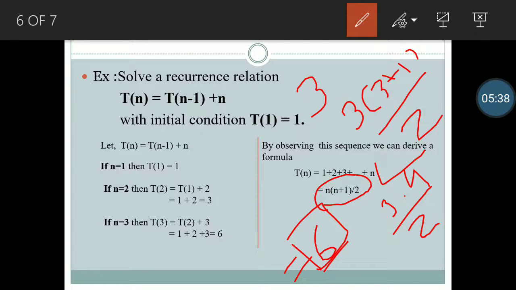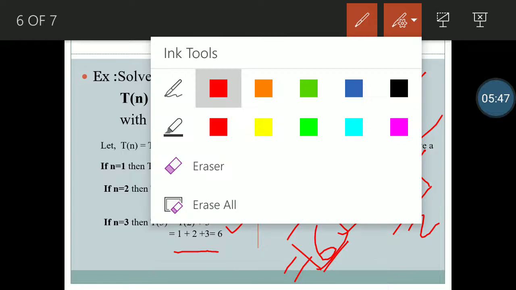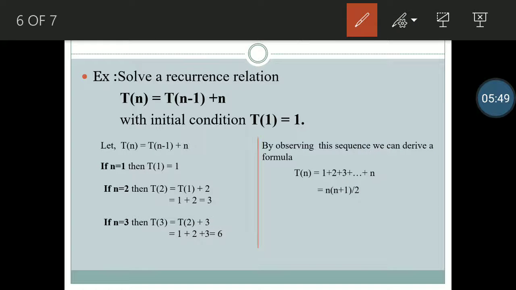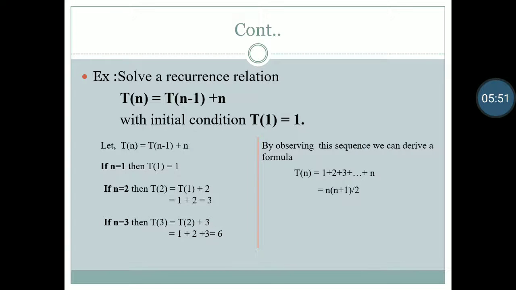By this our answer is 6, and actually our T(3) is 1 + 2 + 3, which is 6. So by this equation we can solve our T(n), and the formula derived from the sequence is n(n+1)/2.